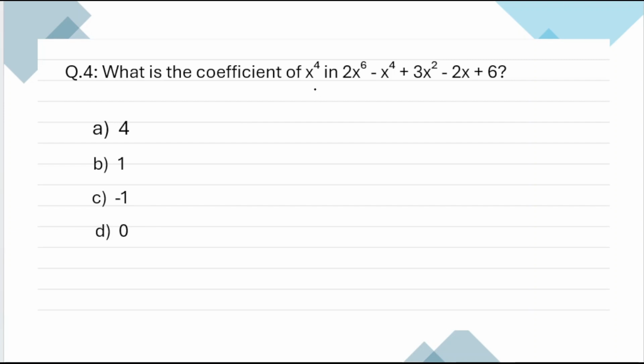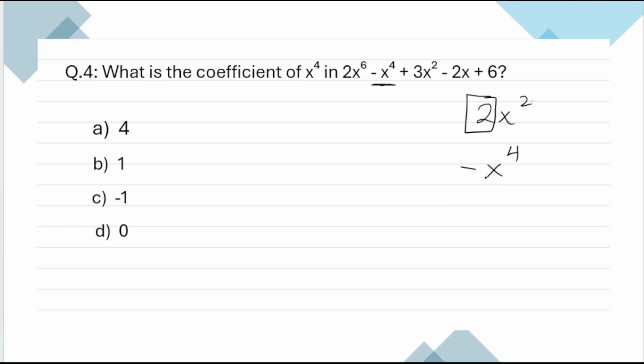What is the coefficient of x to the exponent 4 in this polynomial? Let's look at the x4 term, this one. So what is the coefficient? First of all, what is the coefficient? If I'm writing 2x square, then the coefficient of x square is this numerical part, 2. So let's check in this one. Our term is negative x4. So what is the coefficient?